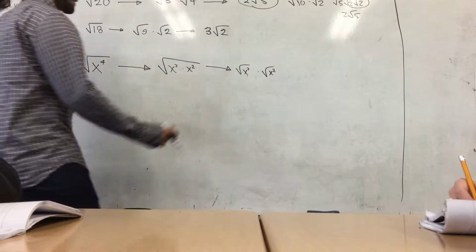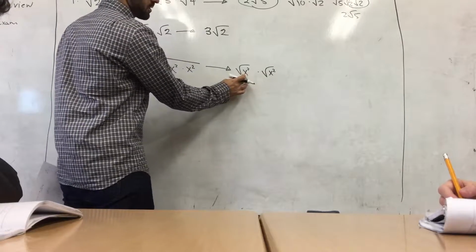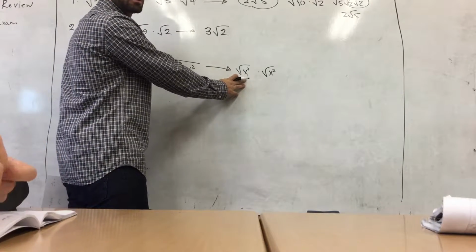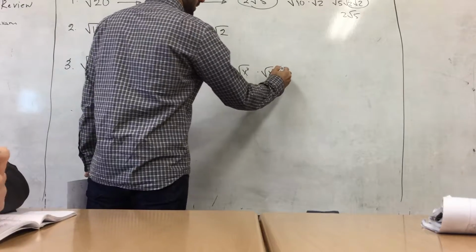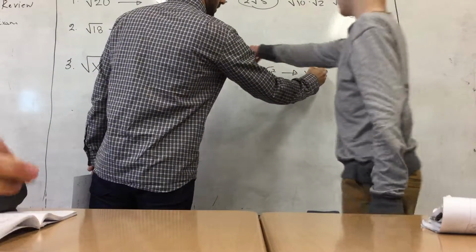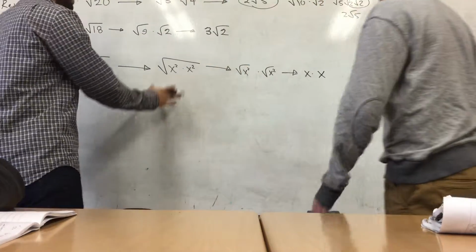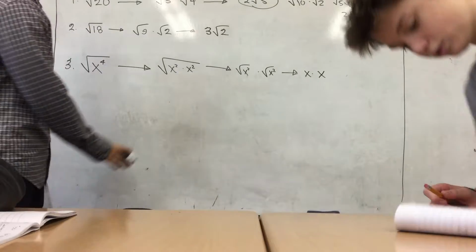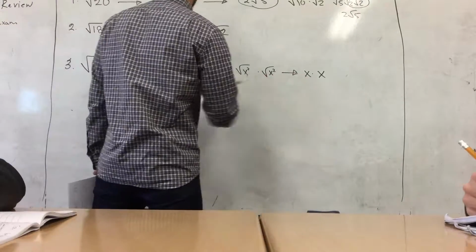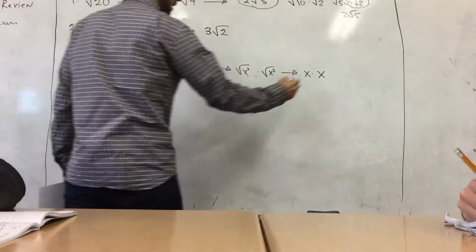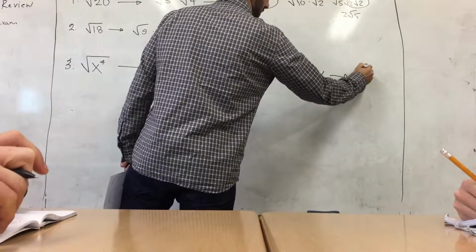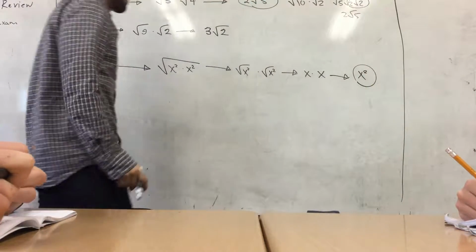And then X squared is, what's the square root of x squared? X. That equals X squared. You can skip this step and go straight from here to there.